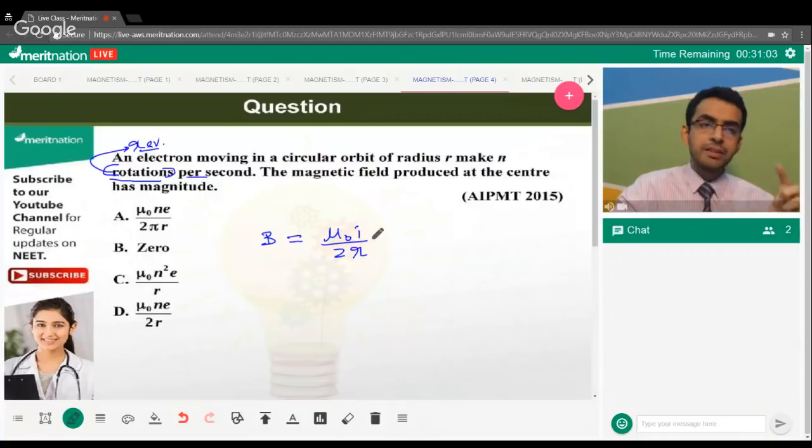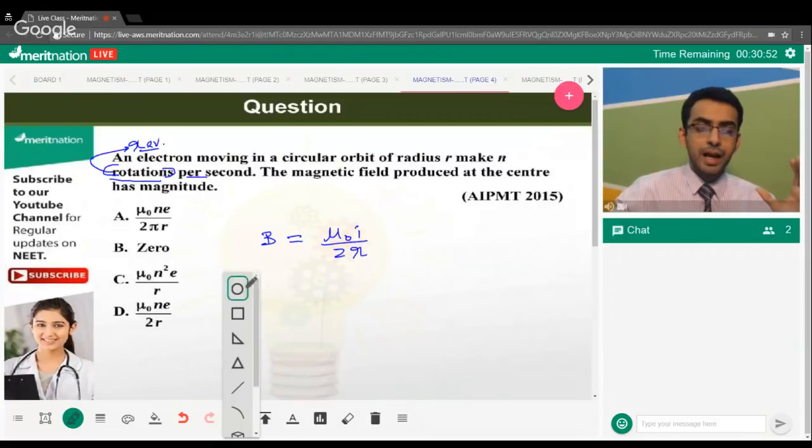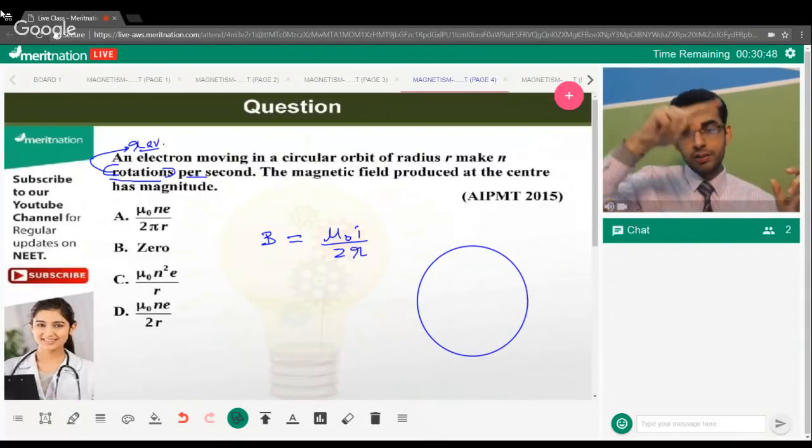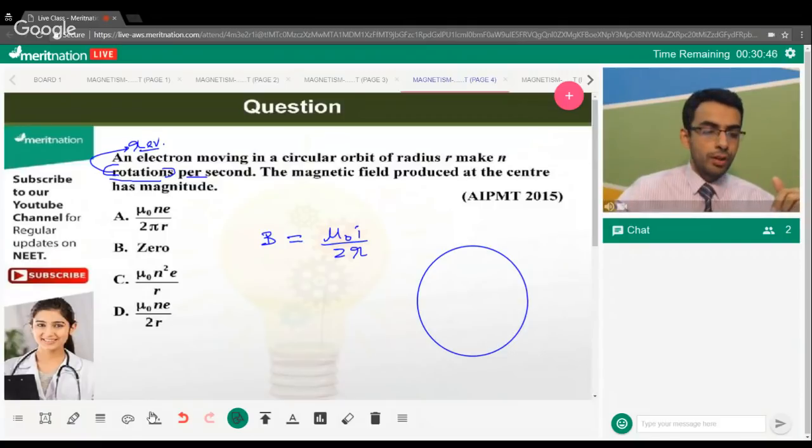We can imagine the orbit as a circular loop because the electron is moving in that. With respect to time, charge is being transported in a circular loop. So the radius of the circular loop is, let us say, small r.